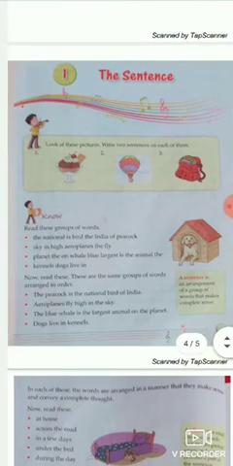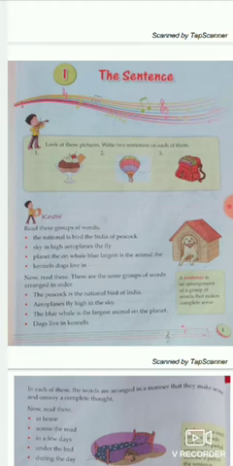Okay, so students, before explaining this chapter, we are going to tell you what is letter. Can you tell me what is letter? A, B, C. If we say only A, that is a letter. Now students, can you tell me what alphabet?